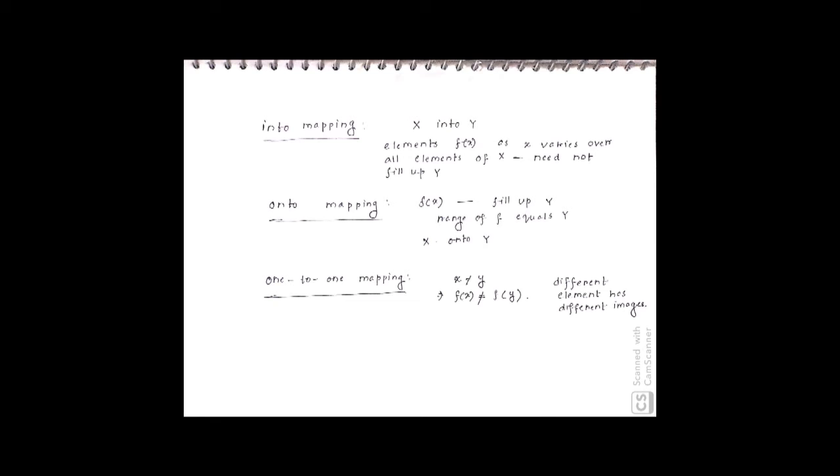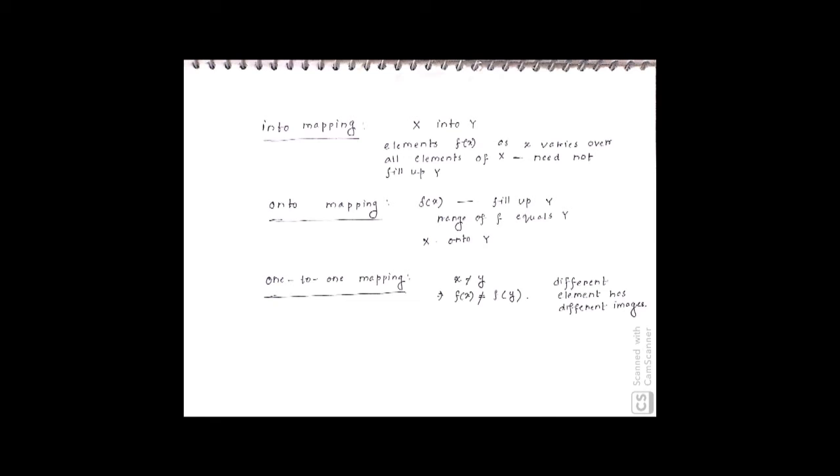By one-to-one mapping, we mean that if we take two different elements from the domain of the function f, then the images of those two different elements should be different.